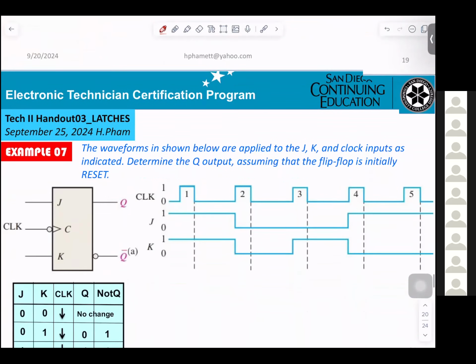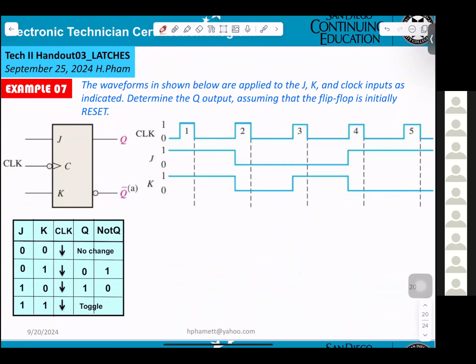Let's see, JK. Same thing here. Initially, reset. I know at the beginning they will be 0. And the clock is negative edge going.